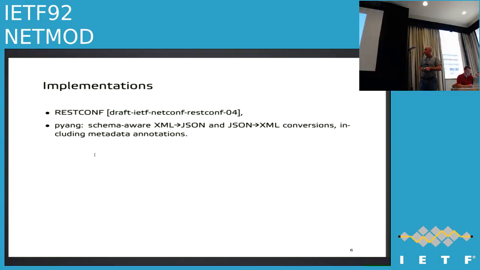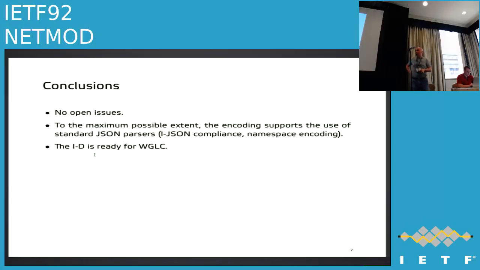So next slide, please. I believe that this JSON encoding is usable. There are currently no open issues, and we have gone quite a long way towards making this encoding friendly for existing JSON parsers. It means that we are now adhering to I-JSON.